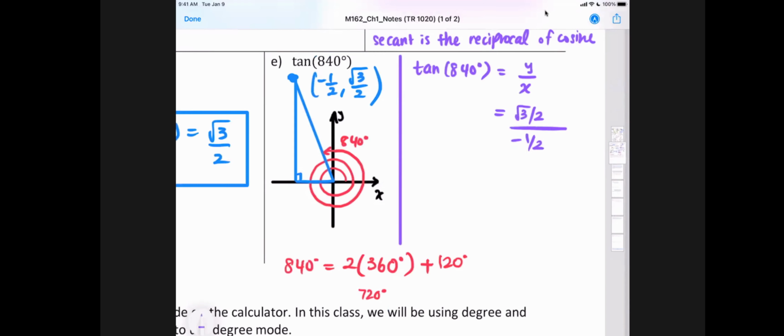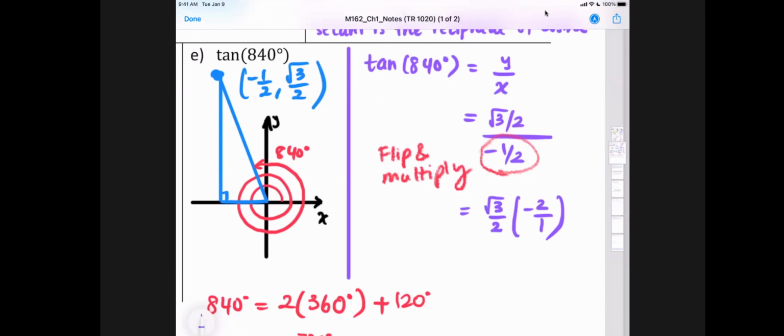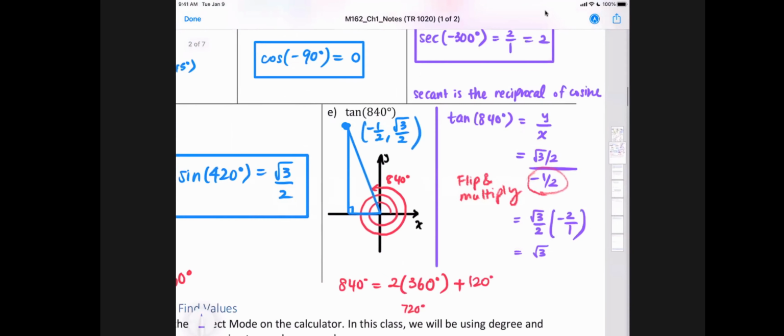We have to simplify that out by flipping the denominator and multiplying, to get rid of the complex fraction. So this is square root of 3 over 2 times negative 2 over 1. The 2's cancel out, and it comes out to be the square root of 3, and it was negative 2 over 1, so negative root 3 is the final answer. Tangent of 840 degrees is equal to negative square root of 3.